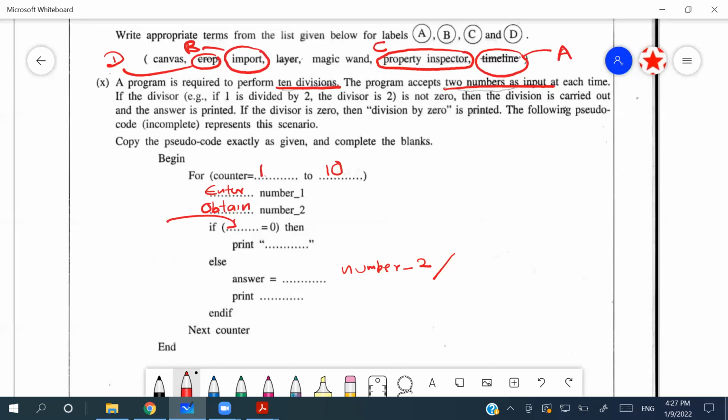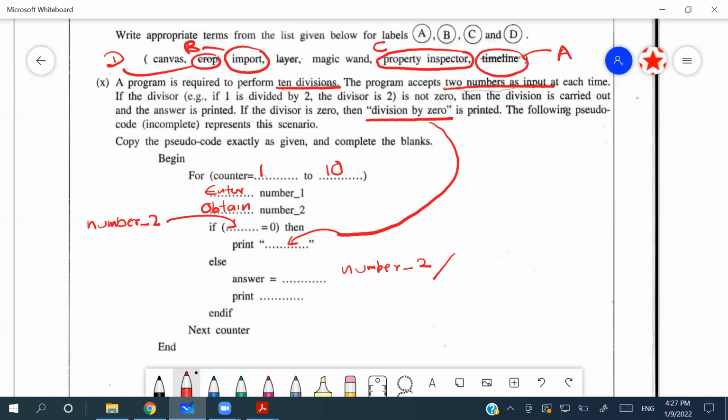So I'll take number 2 as the divisor. So I'm checking number underscore 2 equals 0. What I'm going to print here is division by 0. This is going to be printed here.